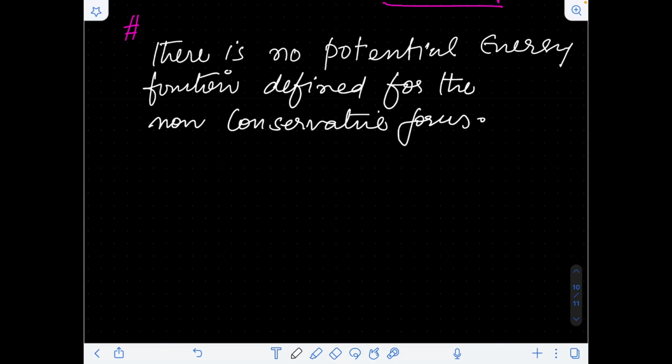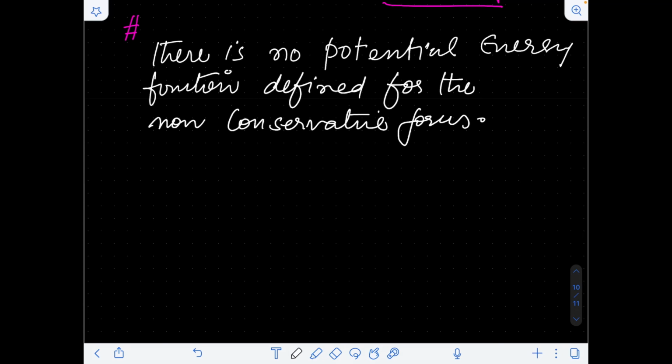It is very important, because in conservative forces, if the kinetic energy decreases, that decrease in kinetic energy is converted into an increase in potential energy, and when the system reverses its direction, that potential energy is converted back into kinetic energy. So that is the reversible process that happens under conservative forces.